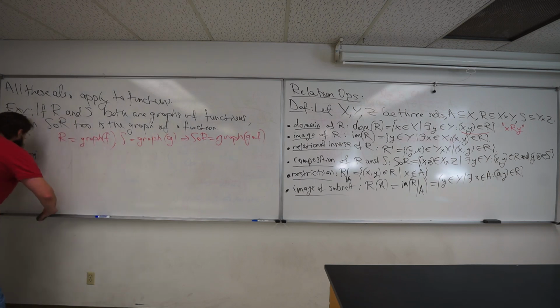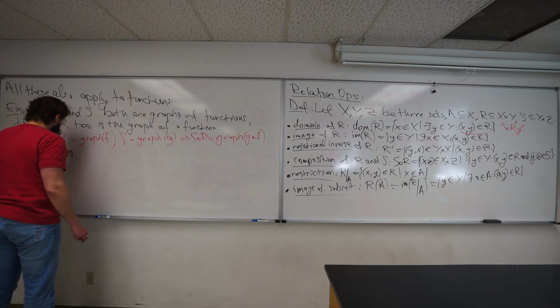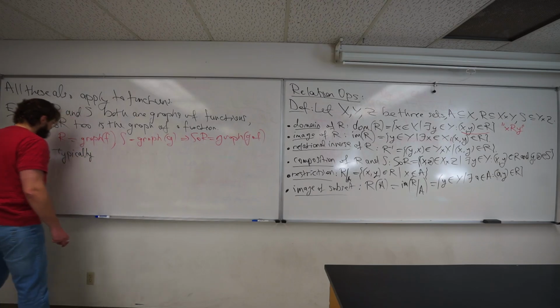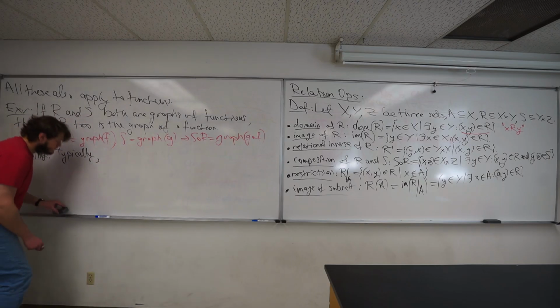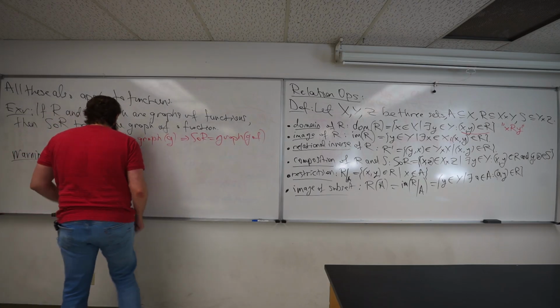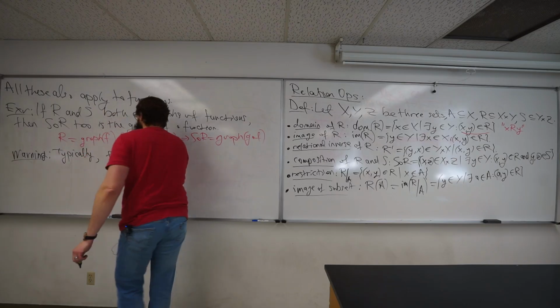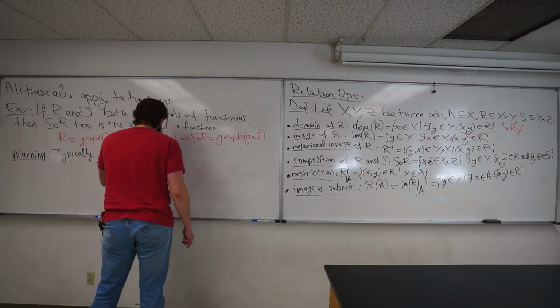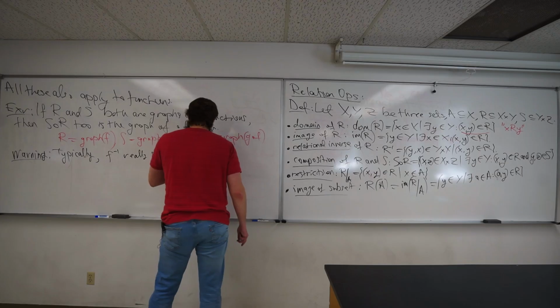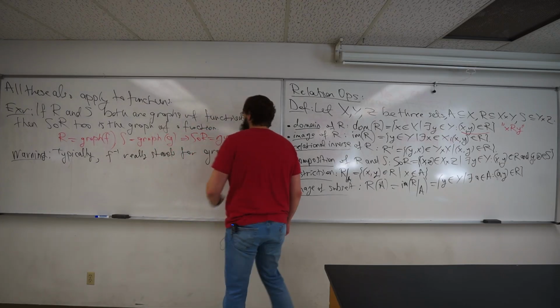To summarize what I was trying to say, I want to say this. Typically, f to the minus 1 for a function, really stands for graph of f to the minus 1.